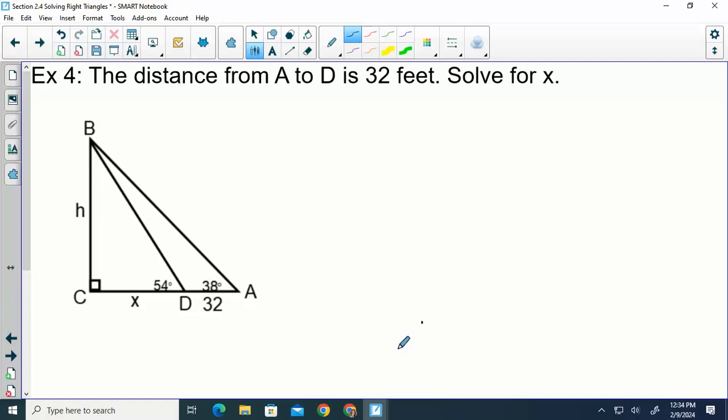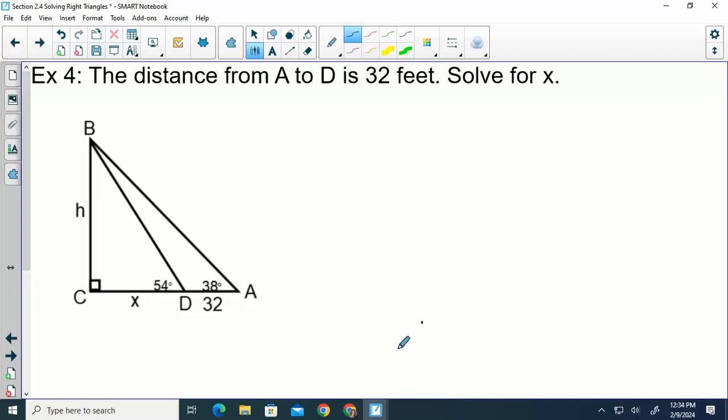Solving for missing things in a picture. So I do have a right triangle here. We are trying to find x in the picture, which is the distance between C and D.